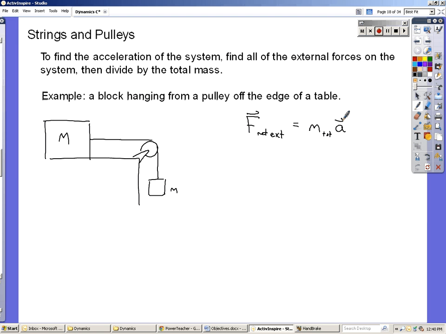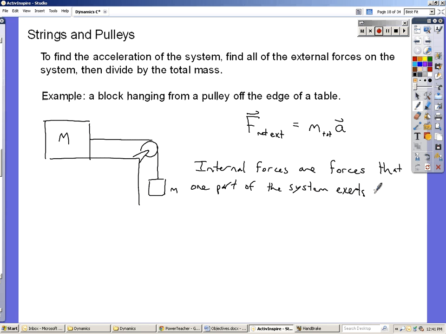And so we're going to neglect the internal forces. The internal forces are forces that one part of the system exerts on another part of the system.